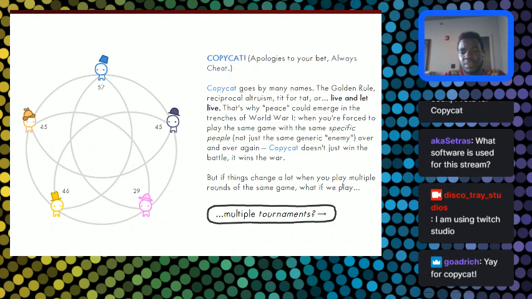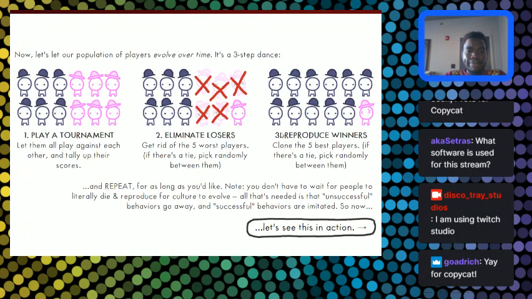What if we let the population of players evolve over time? Step one: play a tournament, let them all play against each other and tally up their scores.